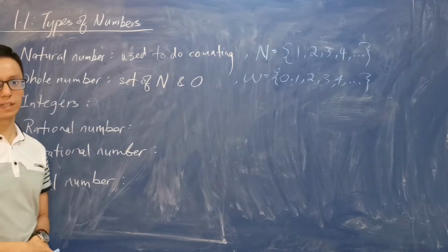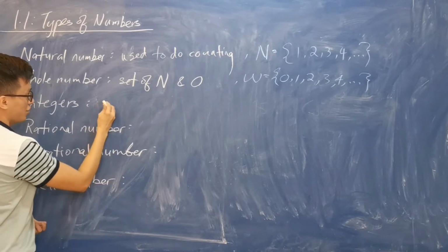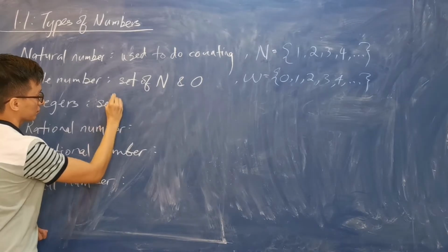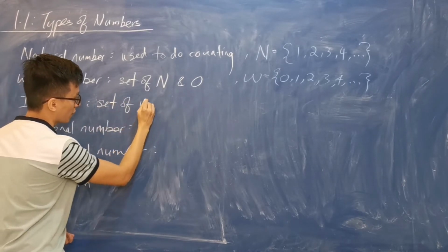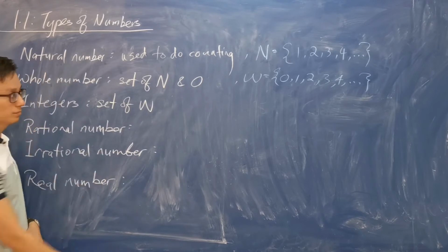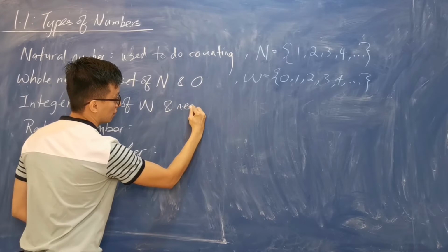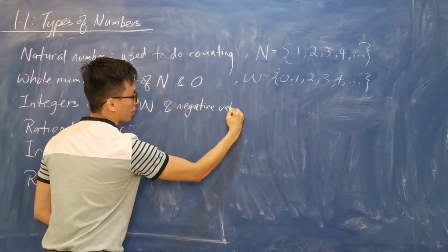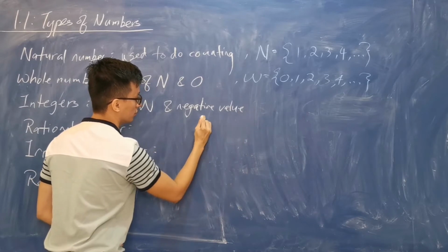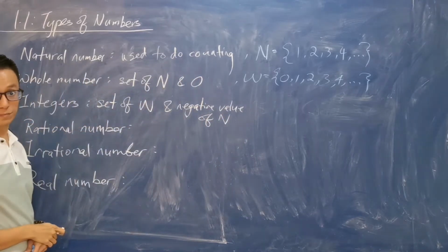Next one, integer. The integer is the set of whole number and negative value of natural number.